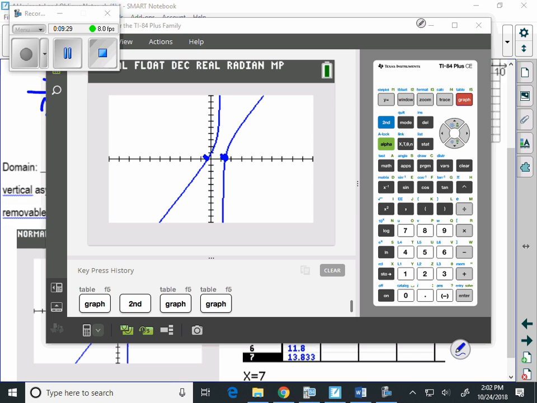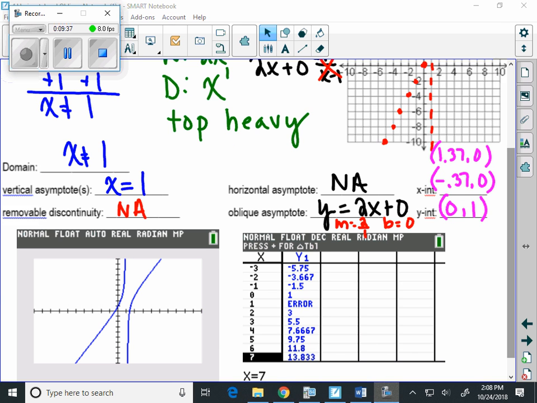But we can figure out what those are, and this is where you really might want to take out your calculator. If you don't know how to find the x-intercept using your second trace feature or second calculate feature, then talk to your teacher to get some extra help with that. But what we just found is 1.370 and negative 0.370 for our x-intercepts.